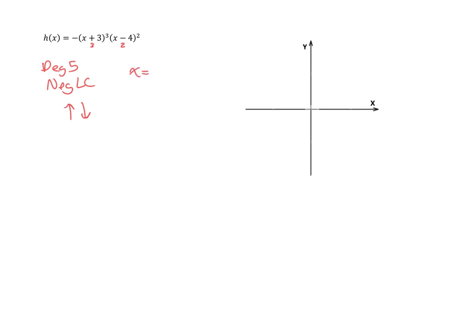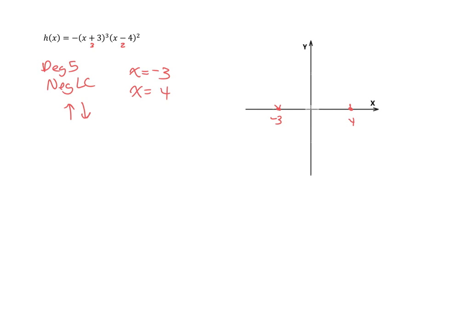Hopefully we can see now that if my factor is x plus 3, my root is -3. If my factor is x minus 4, my root is 4. So I have a -3 here, a 4 here. I am going to wiggle through the -3 and bounce at the 4.